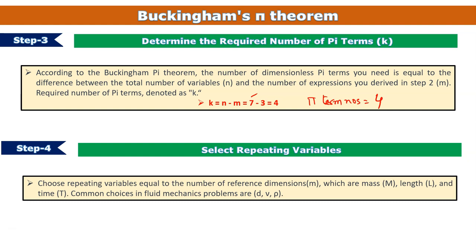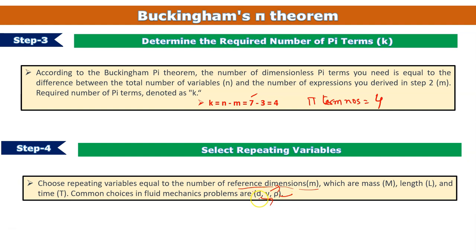Now select the repeating variables. Choose repeating variables equal to the number of reference dimensions, which are mass, length and time. A common choice in fluid mechanics problems is D, v, rho. These are the repeating variables. D is a geometric property, v is a flow property and rho is a fluid property.